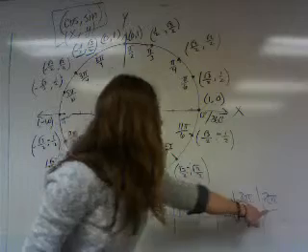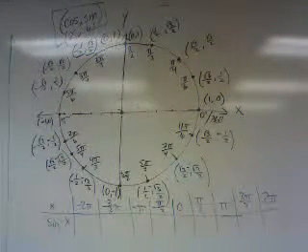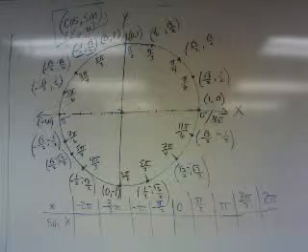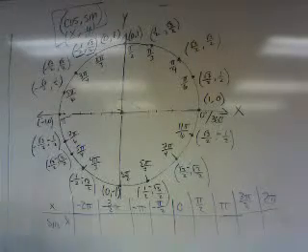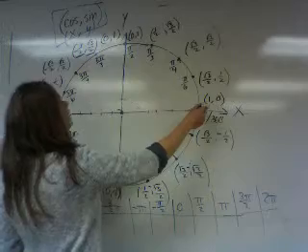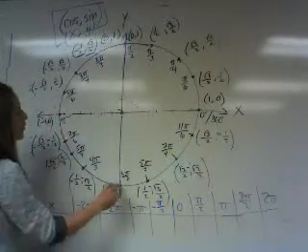So 2 pi is all the way around. You're starting here at 0, pi over 2, pi, 3 pi over 2, 2 pi.